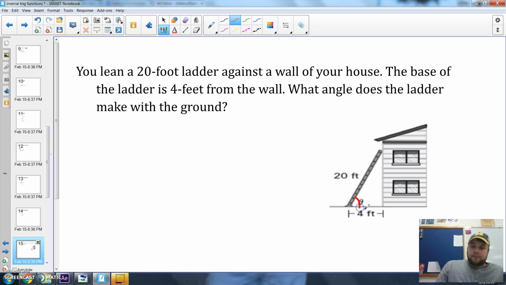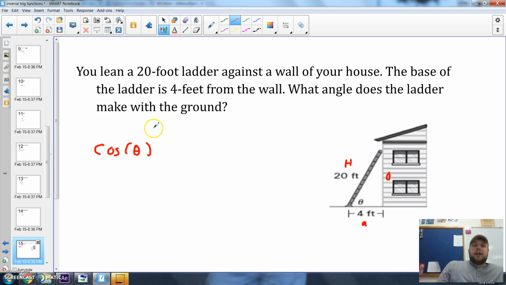Well, the opposite of that angle is here, and I know nothing about it. I know the hypotenuse, and I know therefore the adjacent. So once again, I'm going with cos on this. Cos of whatever that angle is, we're going to call that theta. That zero with a dash through the center of it is called theta.